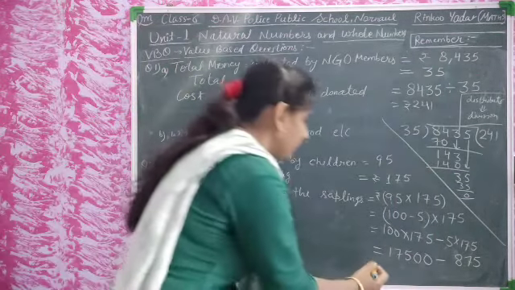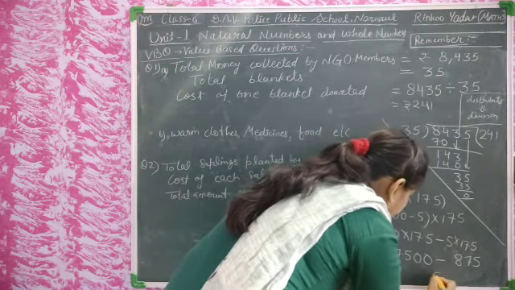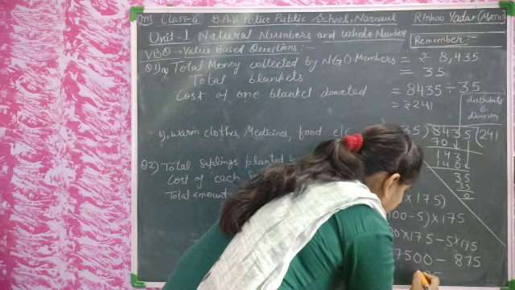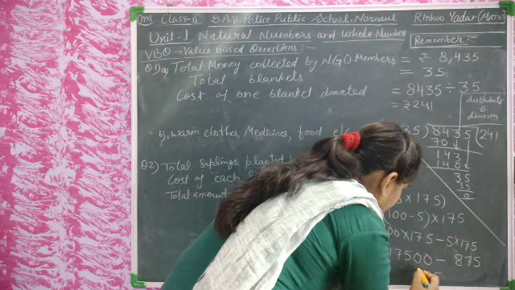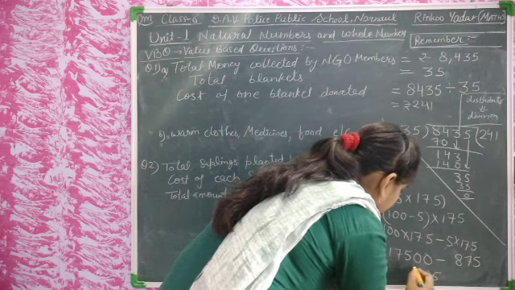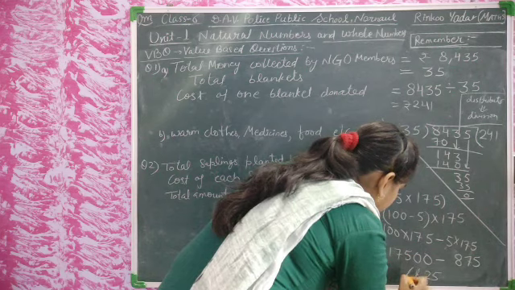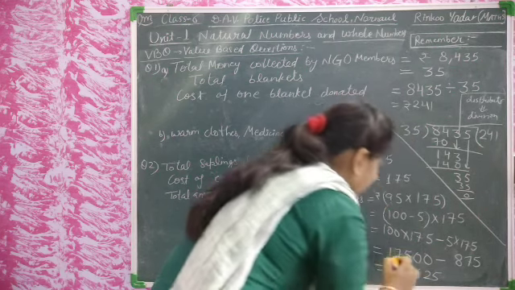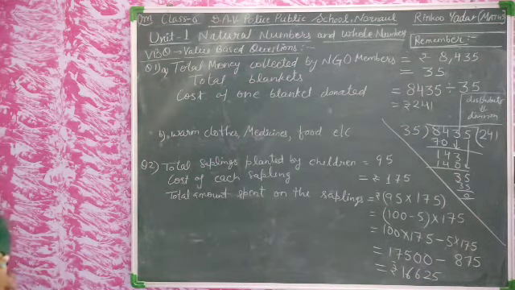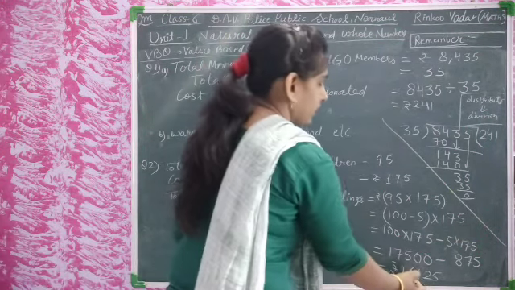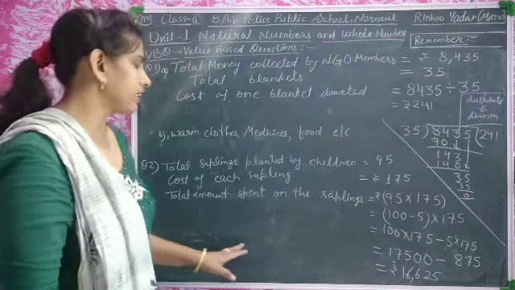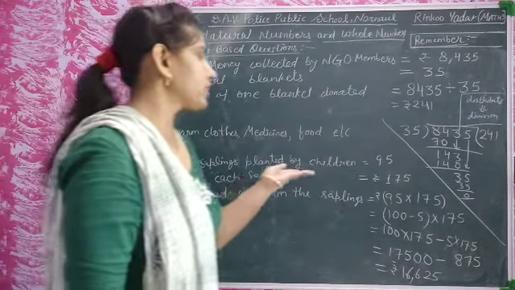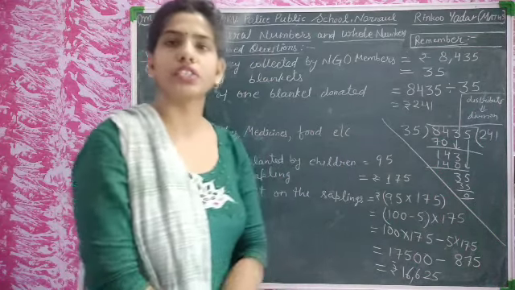Now we subtract here. This is the total cost of the saplings which are planted by children.